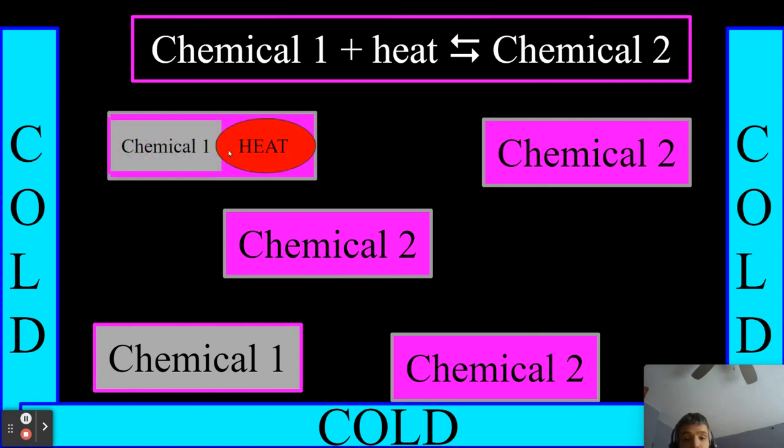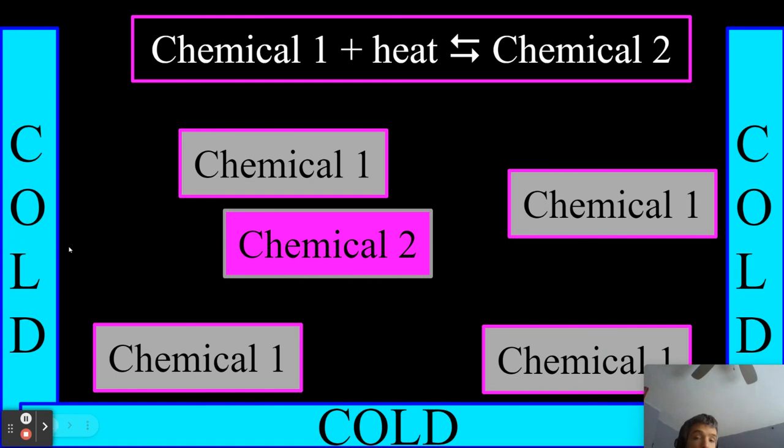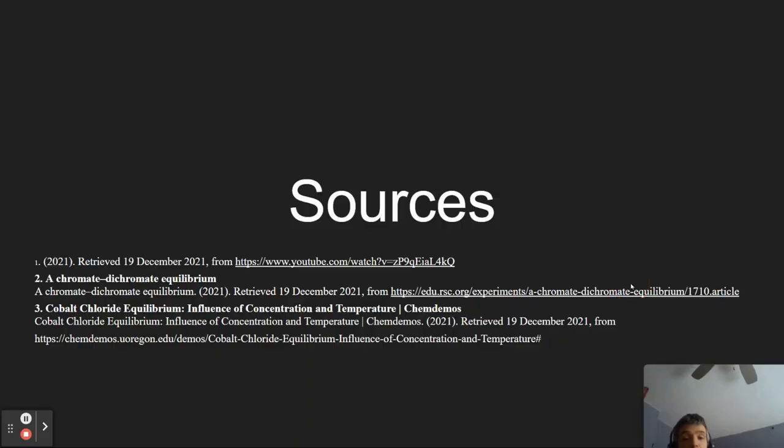Chemical two, in this case, is really some latent energy stored in the bonds of the molecule, and the cold is going to draw heat out from some of the molecules such that it shifts the equilibrium towards the exothermic process. That's what it does. So here are my sources, and thank you very much.